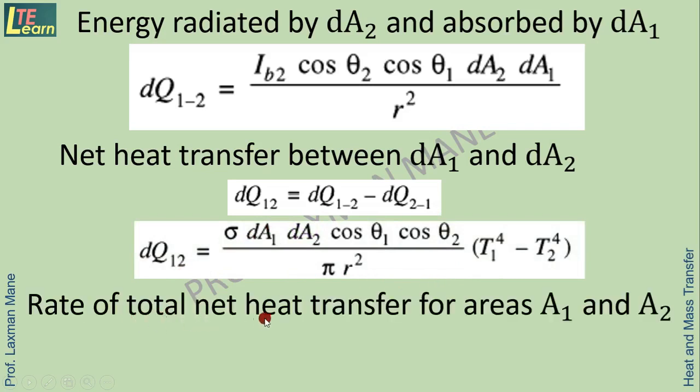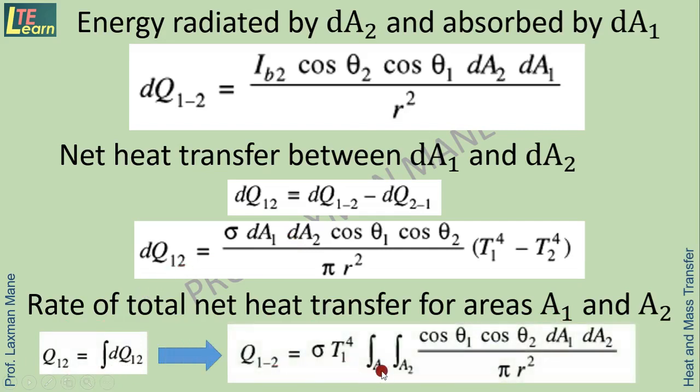Now the rate of total net heat transfer for areas A1 and A2. This will be obtained by taking the integration of this, because this is the heat transfer for elementary areas, and now we want to find the rate of total net heat transfer for the total area A1. So we take the integration of this expression. We have this integration outside sigma into T1 raised to 4, and the remaining terms will be inside the integration sign.